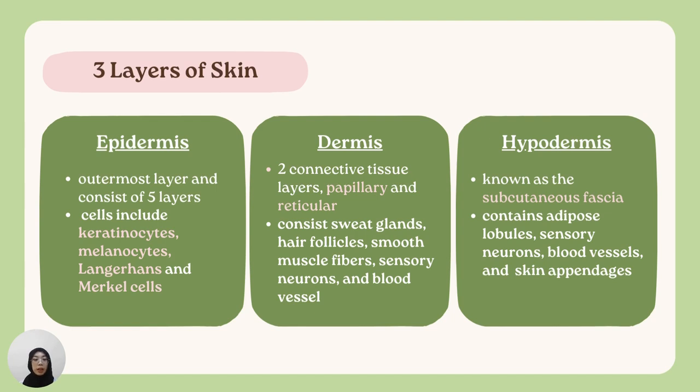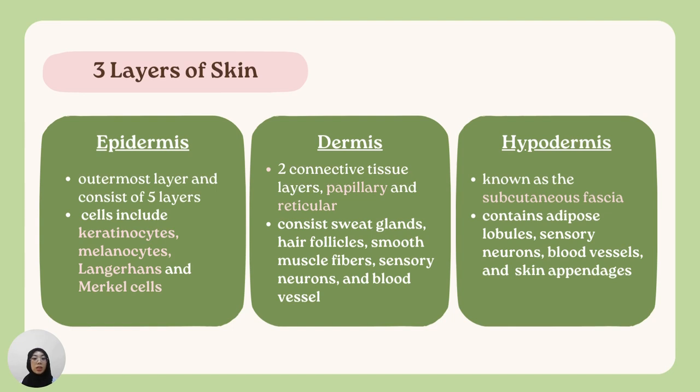And the cells in the epidermis include keratinocytes, melanocytes that help in producing melanin and protect our skin from UV radiation, Langerhans cells that help in immune response, and also Merkel cells that act as mechanoreceptors.